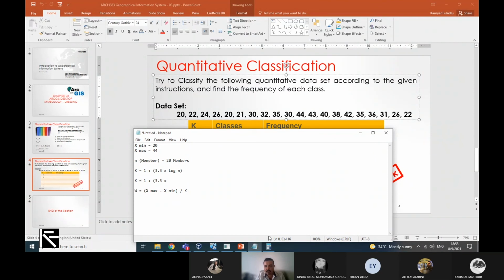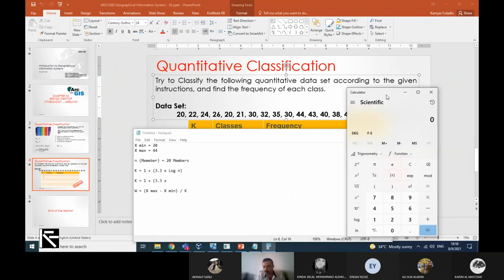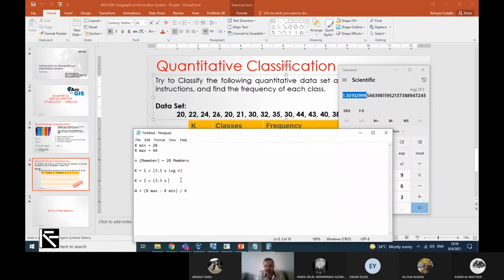So we need to calculate the logarithm of n. You need to just open your calculator. This is the calculator, a simple one. All of you have it. You write 20, press logarithm. This number appears, 1.30 something. I just keep it as 1.301.